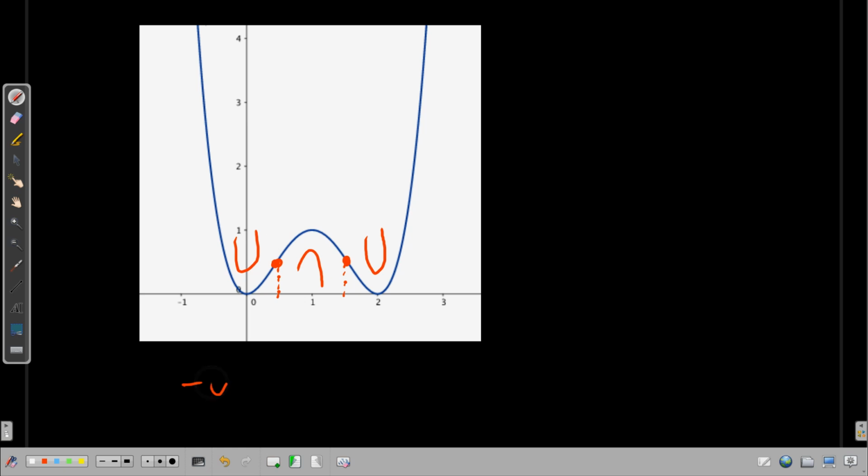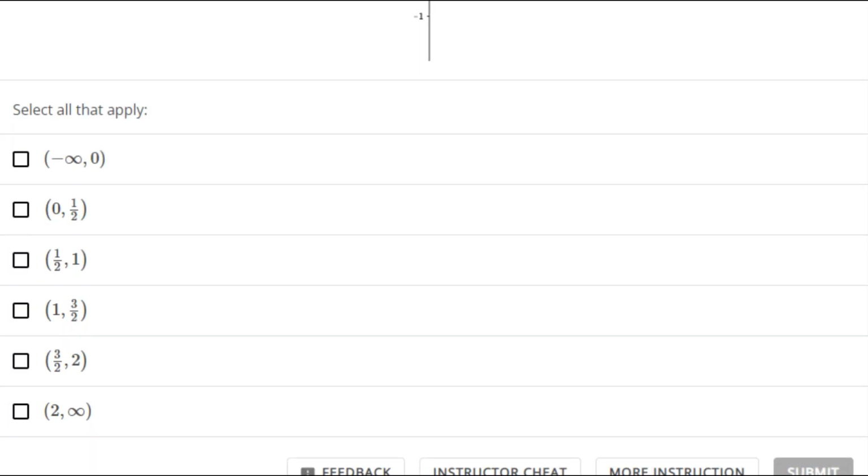So you'd have from minus infinity to what appears to be 1/2, together with 3/2 onward to infinity. And we're supposed to pick all that apply.